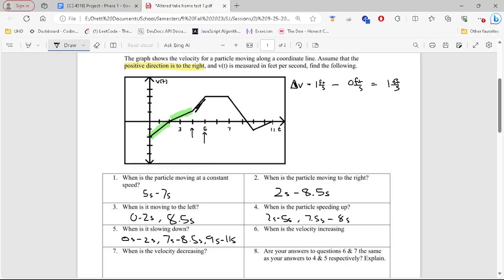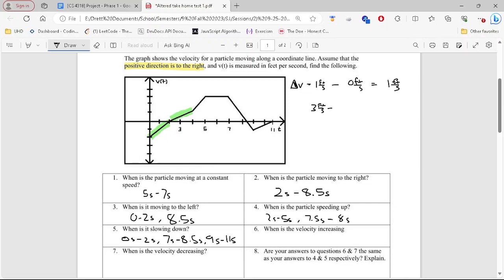And I'm going after points that are straight, where there's no change in direction, where the slope is constant. So at 5 seconds, the velocity is 3 feet per second.